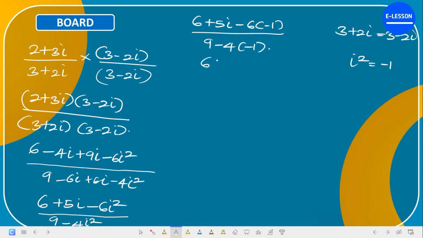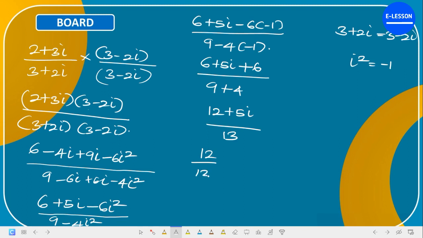And this gives us 6 plus 5i plus 6, divided by 9 plus 4, which is 13. 6 plus 6 is what? 12 plus 5i, divided by 13. So at the end of the day, if you spread this 13 under them, you have 12 divided by 13 plus 5i divided by 13. And this is the solution to your question.